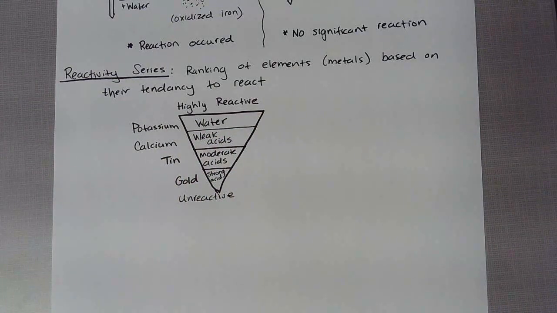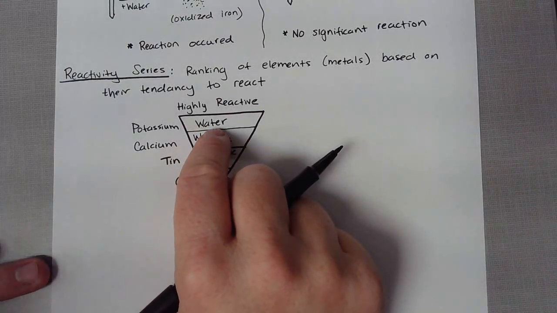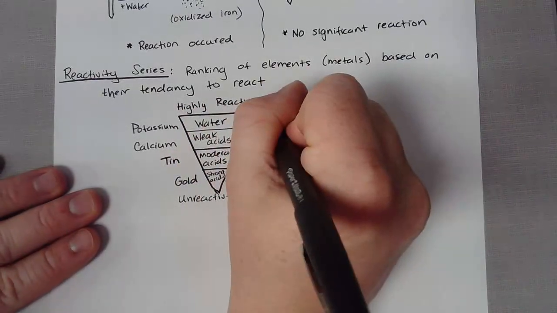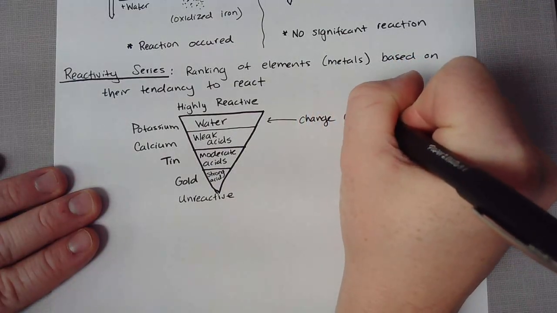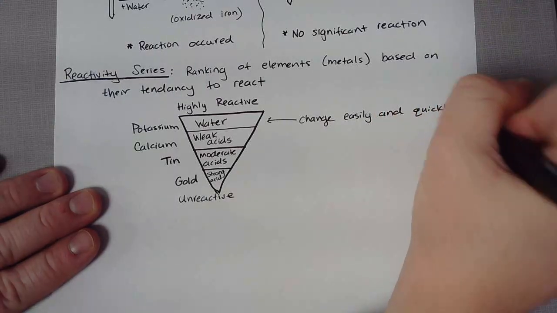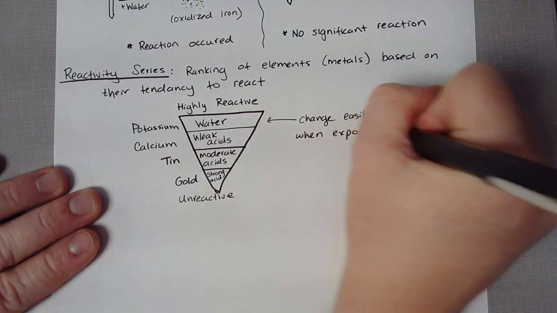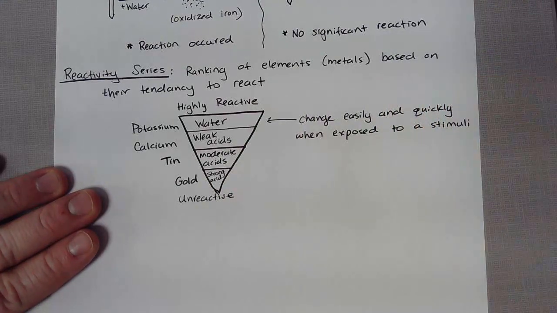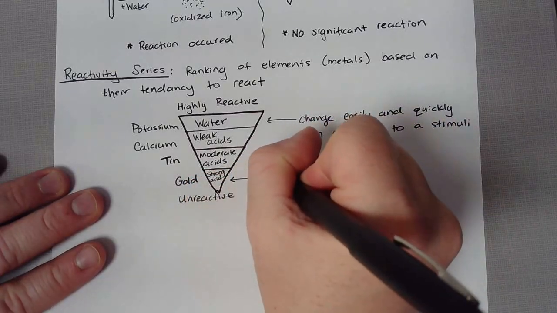In general, the highly reactive metals are going to change easily and quickly when exposed to a stimuli. The unreactive metals are very resistant to change.